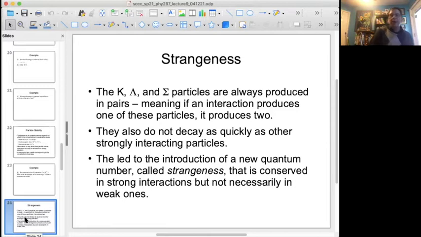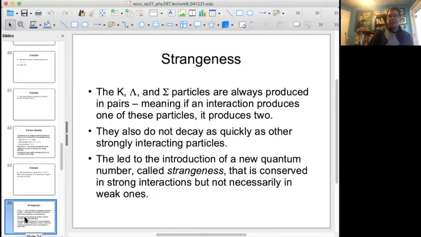One type of property that you sometimes see in quarks is called strangeness. So the K, lambda, and sigma particles are always produced in pairs, meaning if an interaction produces one of these particles, it always produces another of these particles. They also do not decay as quickly as other strongly interacting particles.